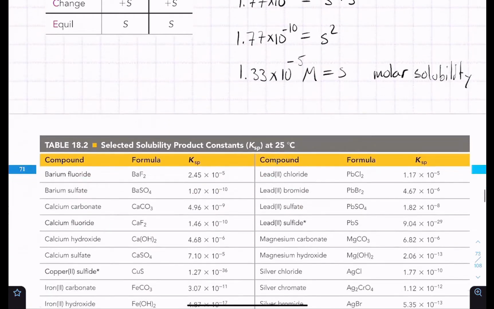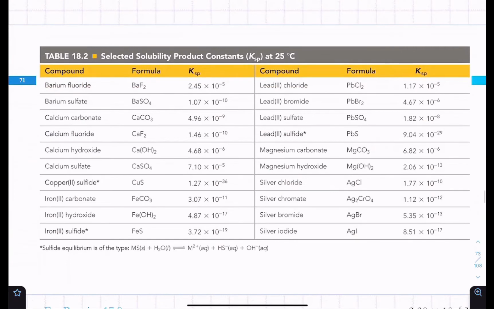Okay, so there's this whole table here, actually, of KSPs. And see lots of different values. But just to get to this idea of why molar solubility is so useful. For silver chloride, when it dissolves, it produces one silver, one chloride ion. So that's why we get KSP equals concentration of Ag times the concentration of Cl minus.